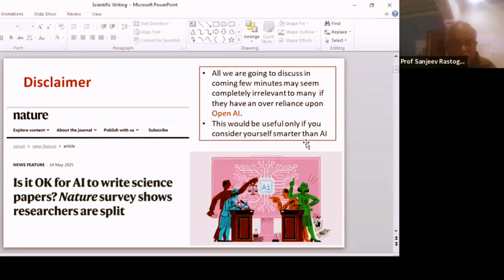So rely upon your own skills and your own wisdom, and take the help of AI only to improve the quality of the writing. If you feel some things need to be refined, you can definitely take the help of AI, but do not rely upon it. This is a warning for newcomers, the new students who are willing to make their careers in scientific research and scientific writing.